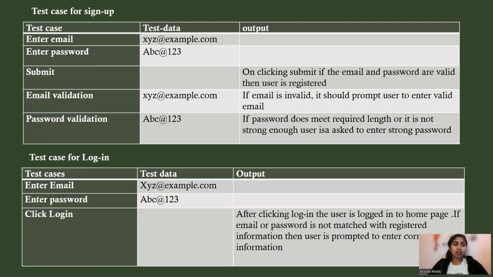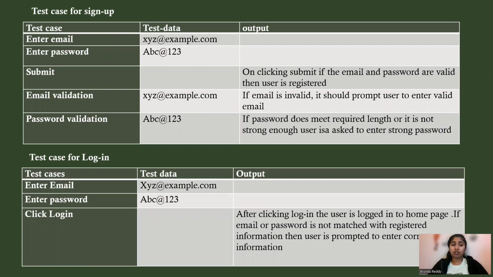So we have test cases for sign up. When we enter email and password, on clicking submit, if the email and password are valid, then the user is registered. Email validation: if the email is invalid, it should prompt the user to enter a valid email.